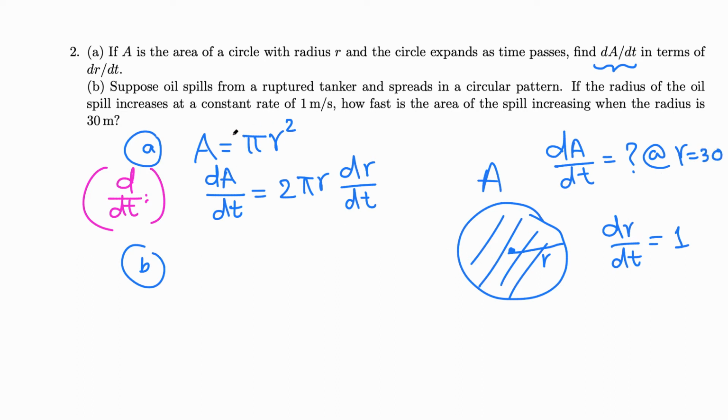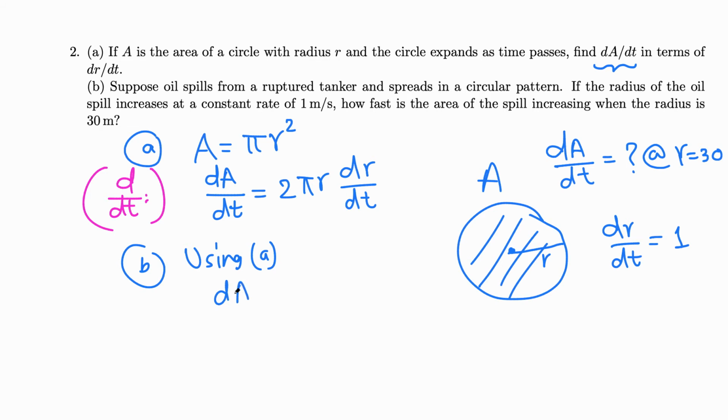In fact, it's the same idea. So we have a circle, and we start with A equals pi r squared. Area of a circle is pi r squared. Differentiate both sides with respect to time, and we get this. Now dA over dt is to be determined, at the moment when r is 30, and dr over dt equals 1. So let's plug in.